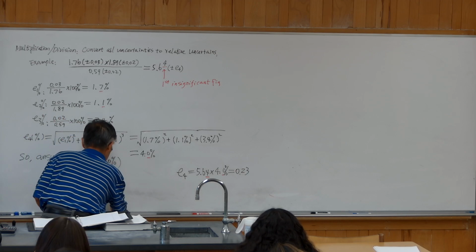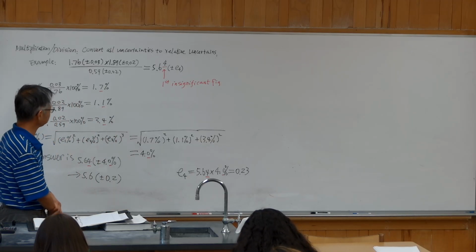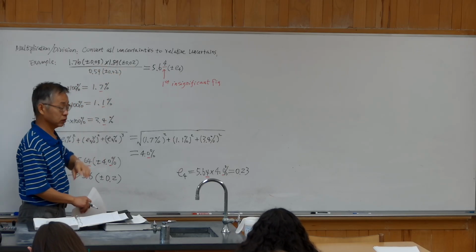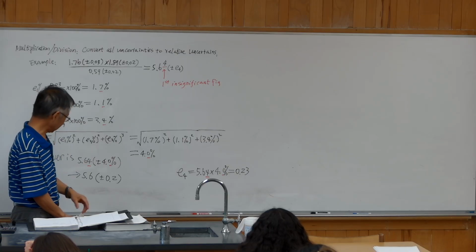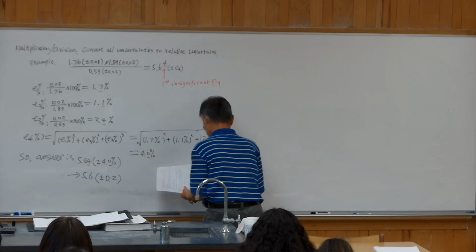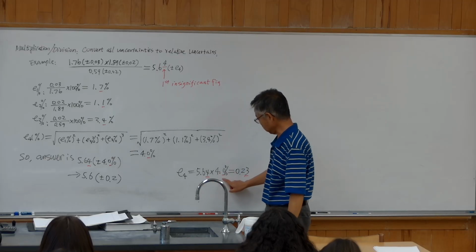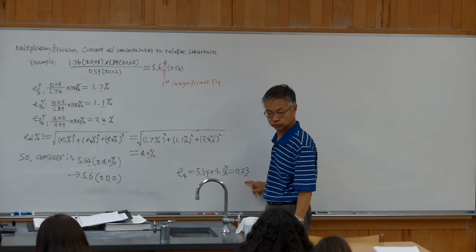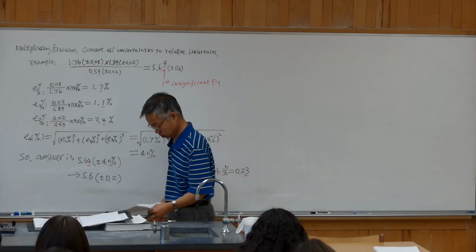This actually has only one significant figure, because our initial absolute error has one significant figure. So finally, it is one, because this is the first insignificant figure, and this is also the first insignificant figure. So finally, it's plus or minus 0.2.